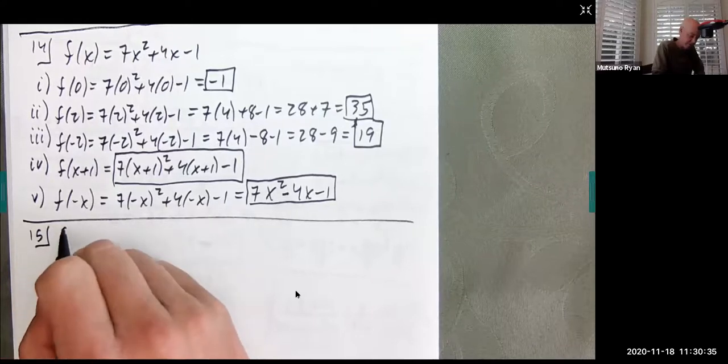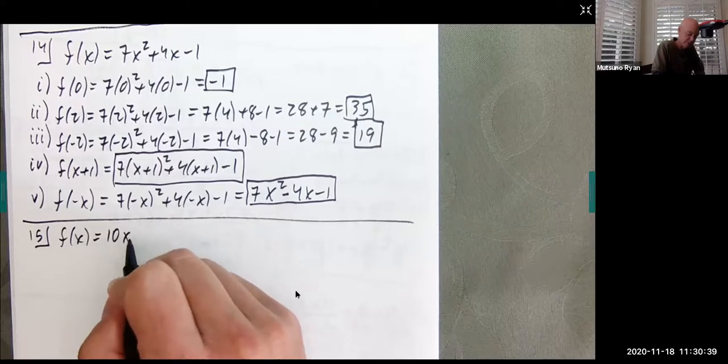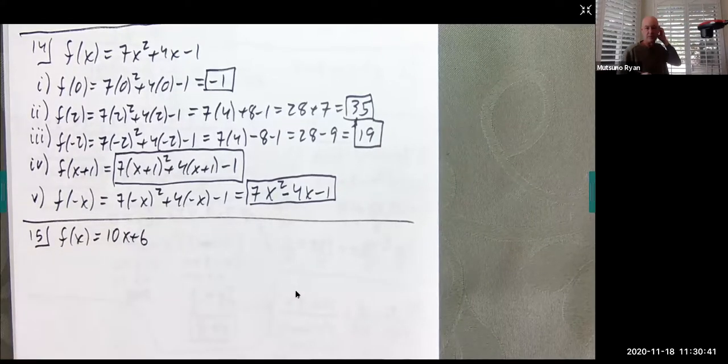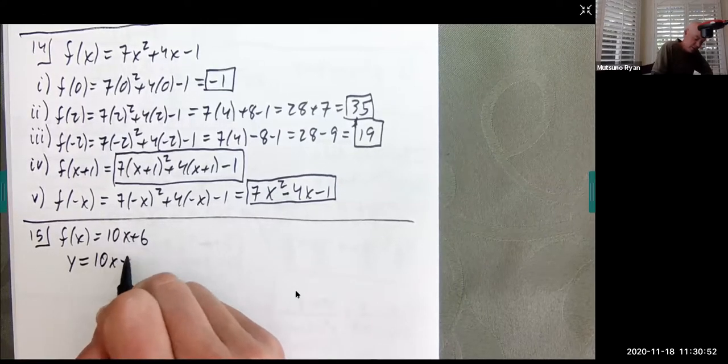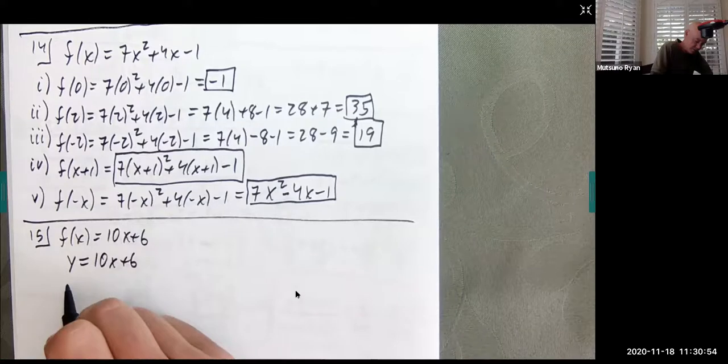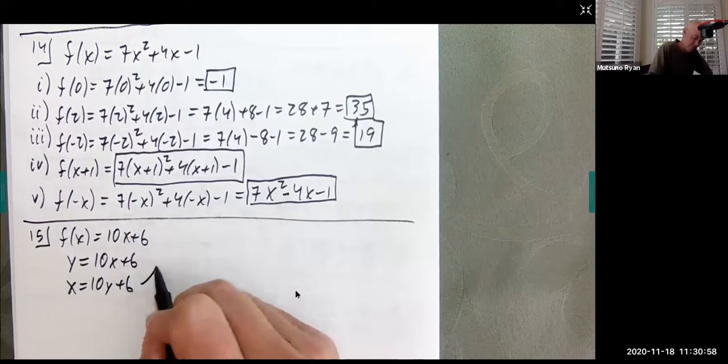Number 15, we are given f of x equals 10x plus 6, and we're looking for f inverse. Change the f of x to a y, and now swap out the x's and y's. And now we're going to solve for y.